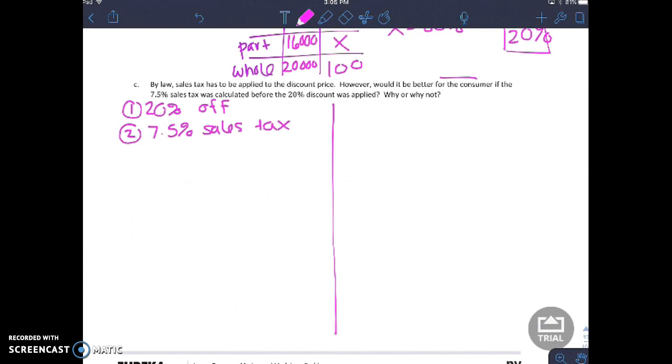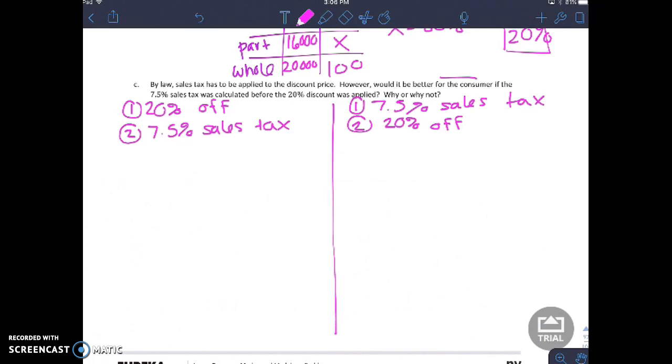In the second scenario, we're doing the 7.5% sales tax first, and then second, we're taking 20% off of what's left. And they want to know, is it better for the consumer one way or the other? The left is what it actually is. The right is what we might think is better after we do our calculations.